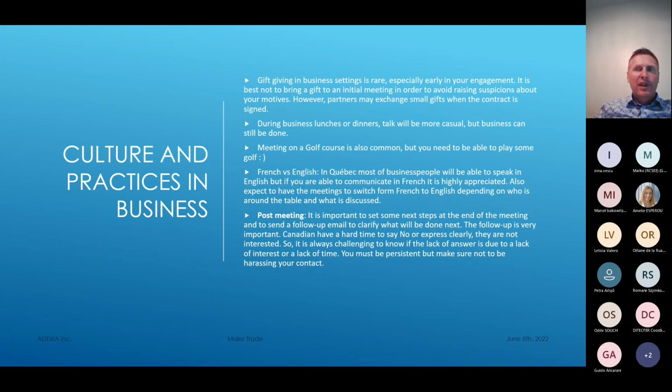When it comes to gifts, there is really no need and no culture of exchanging gifts in a business relation, especially at the very beginning. If you sign a major contract or a major partnership, maybe that makes sense, but gifts are not part of the business culture, and nobody will expect you to bring a gift, or don't expect a gift from anybody.